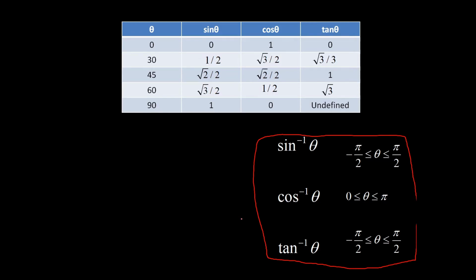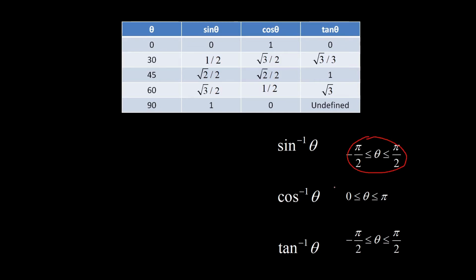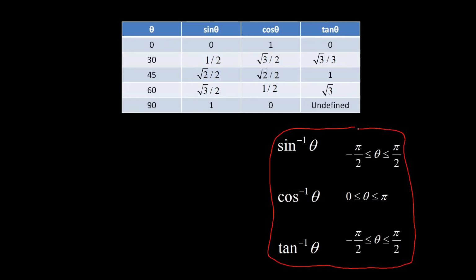If you don't know the domain restrictions, then you will get wrong answers, because you will occasionally give an angle that is outside of this domain restriction. And that would be a wrong answer then. So you have to also burn into your brain these domain restrictions for the inverse functions.